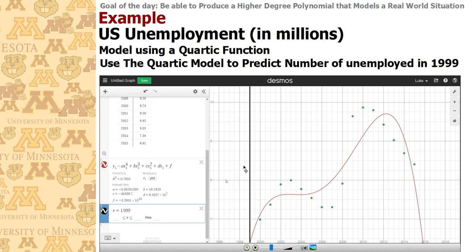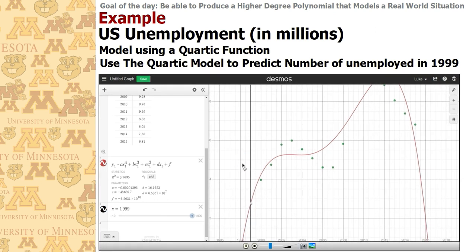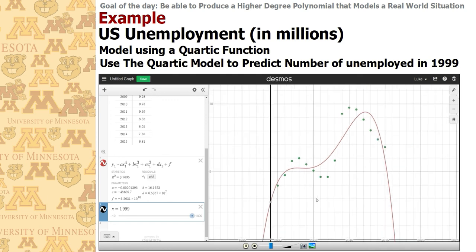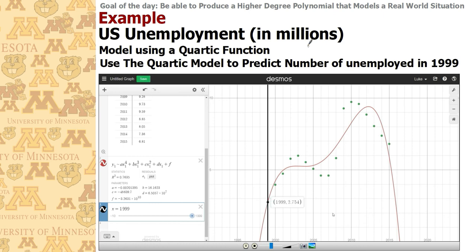And then I got to scroll, and so in 1999, the unemployment rate was 2.754, predicted in 1999. So we entered the data, we created a model of whatever degree it's telling you to use, quartic function, and then you're using that model to make a prediction. So that's what the problems are going to look like today.